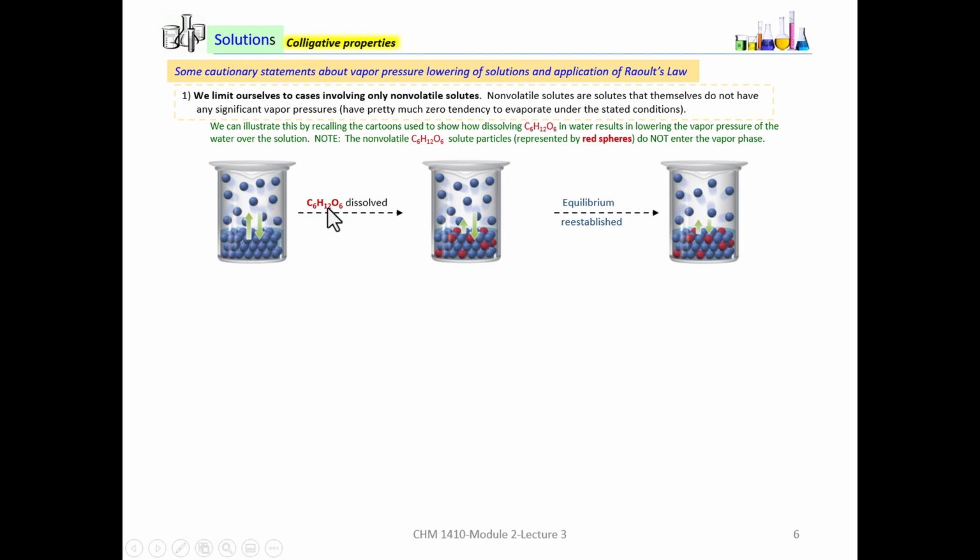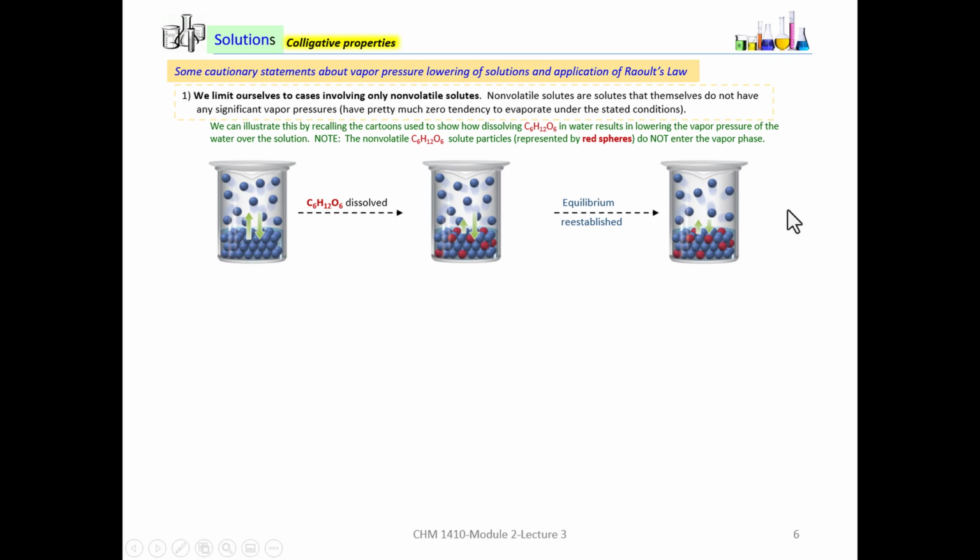When we dissolved the glucose, and you can see the glucose dissolved in the liquid water, it turned out that this disturbed the equilibrium between liquid water and water vapor, but when equilibrium was reestablished, there were fewer water molecules above the solution than there were above the pure solvent. Well, you already know this. What am I trying to point out here?